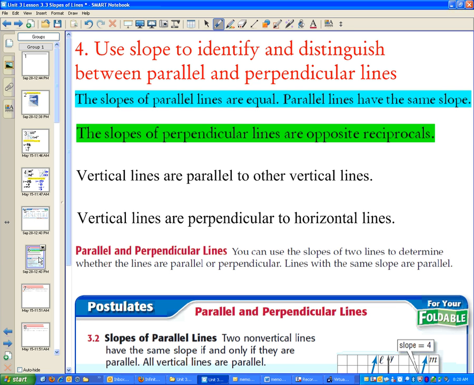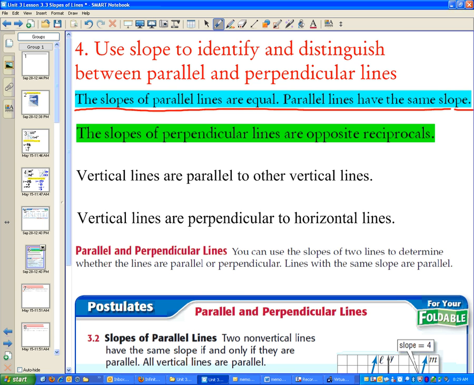Okay? Now, vertical lines mess everything up. Those two sentences that I have highlighted are true for non-vertical lines. So now let's talk about vertical lines. Well, vertical lines are parallel to other vertical lines. But you see how come I have to point that out? Because this sentence really doesn't work for vertical lines, does it?